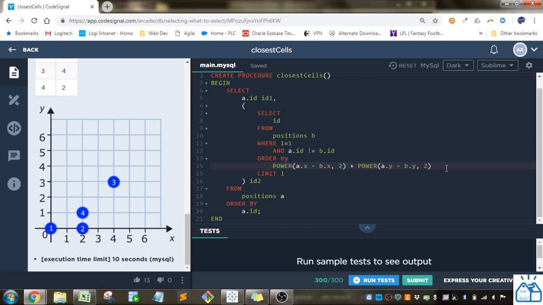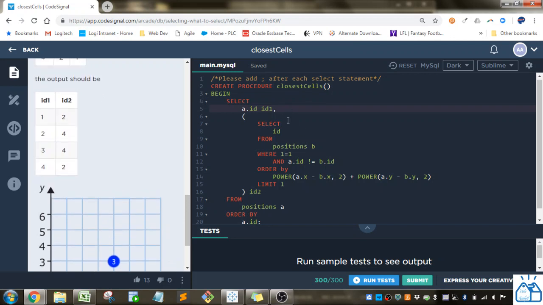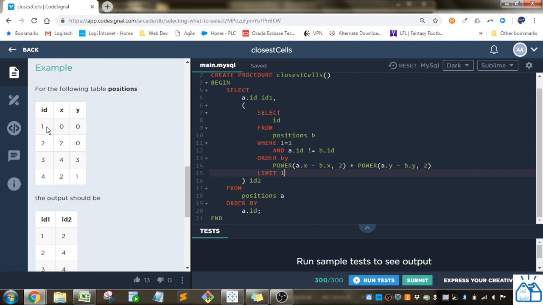So this just gives you a measure of the distance between the first coordinate value and the second coordinate value that we're going to pull using this select query. And then we're going to limit it to 1, so it's going to be the one that is closest to that ID. So in this one, it'll pull number 2 because that is the closest to 1.